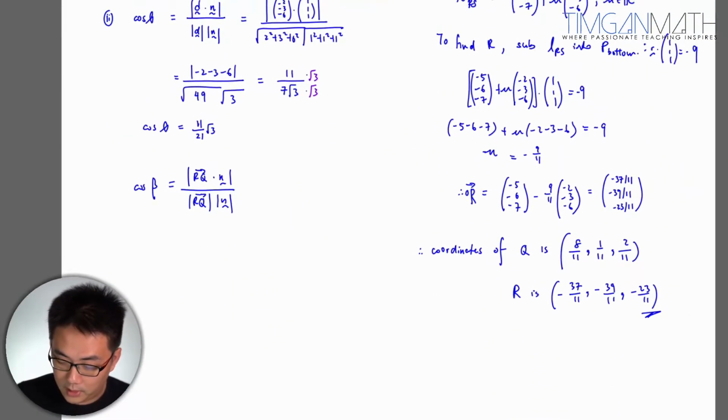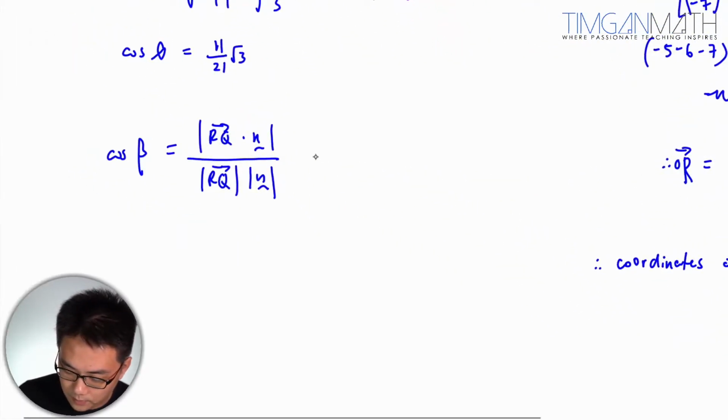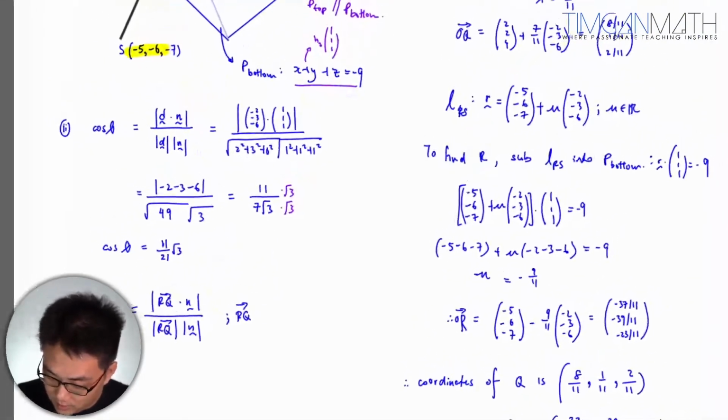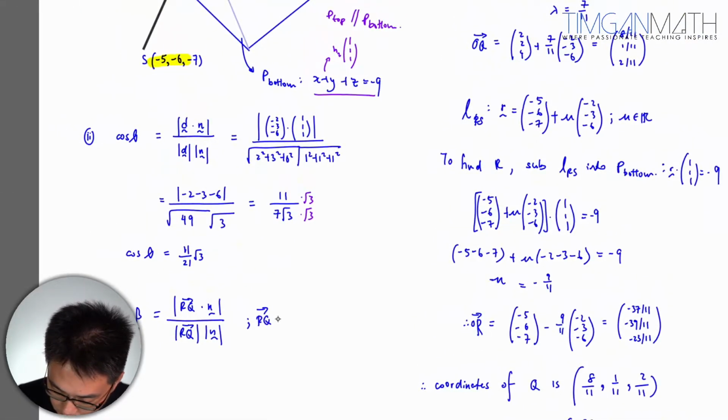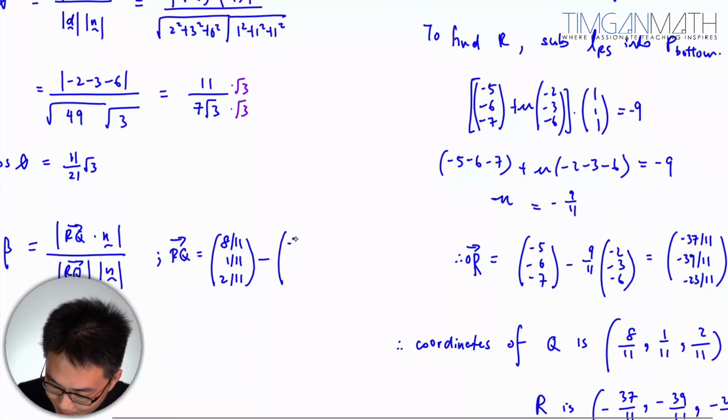Just find RQ by taking Q minus R. Q is actually 8 over 11, 1 over 11, 2 over 11 minus OR, which is this ugly looking thing here. Yeah, I need to get my physical calculator.